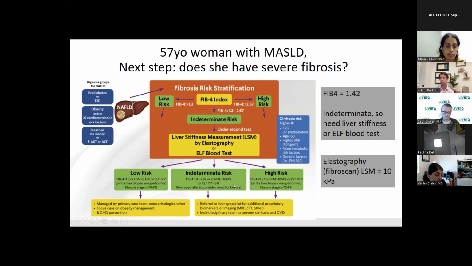You can't rule in severe fibrosis. You can't rule it out either. So the recommendation is in anyone with a liver stiffness measurement of 8 to 12, where you just don't know, or high risk for severe fibrosis, all of those patients need to be referred to a hepatologist for additional workup to figure out how much fibrosis they have.